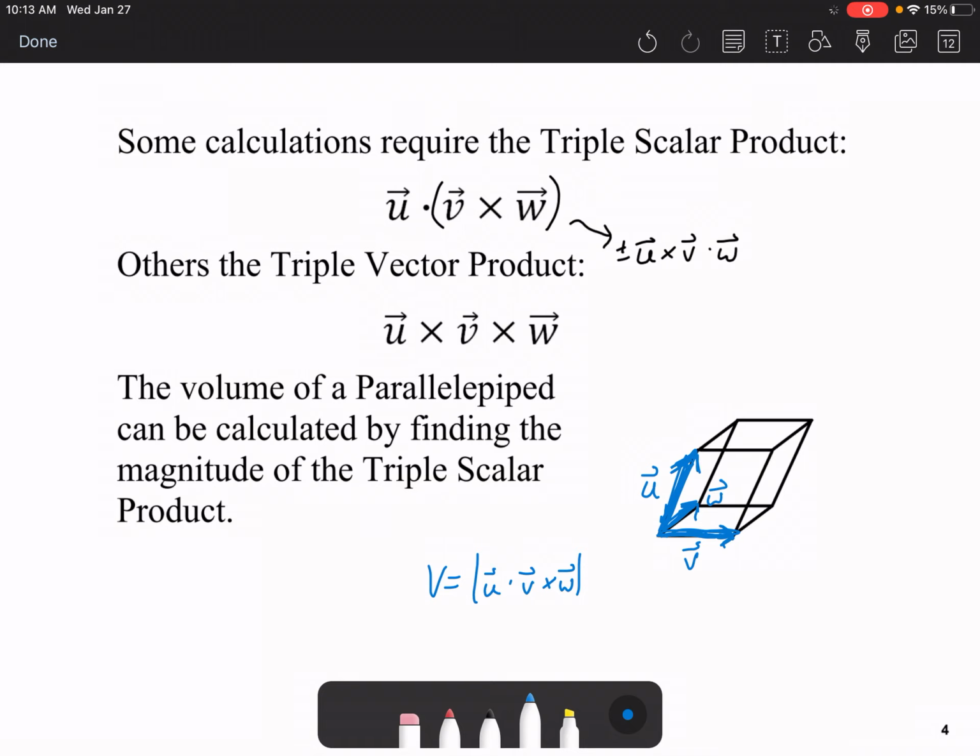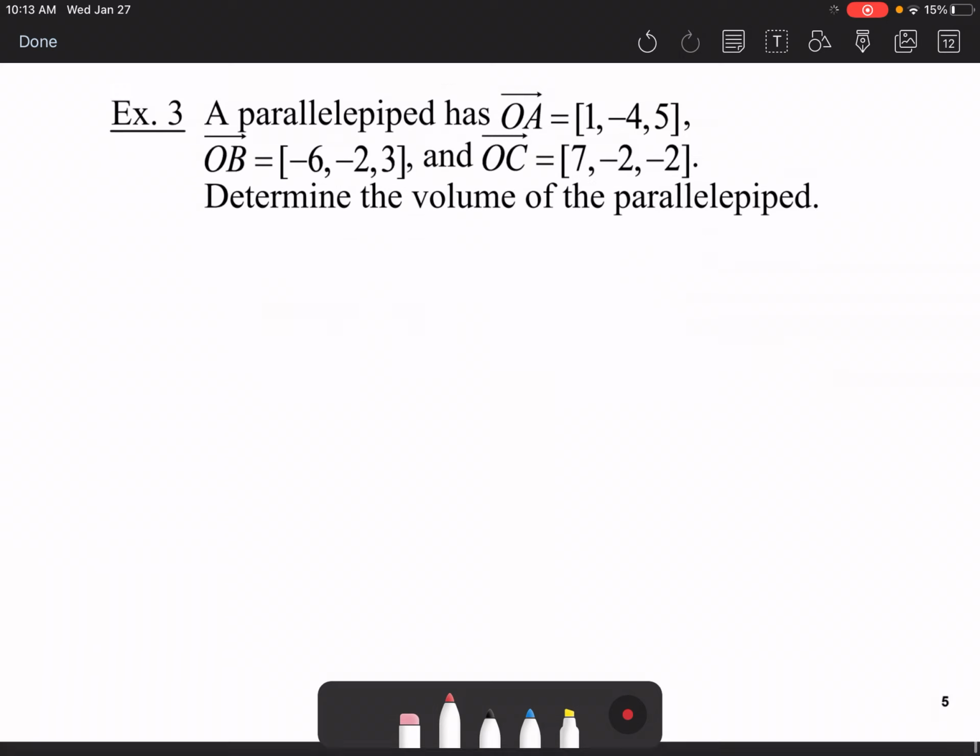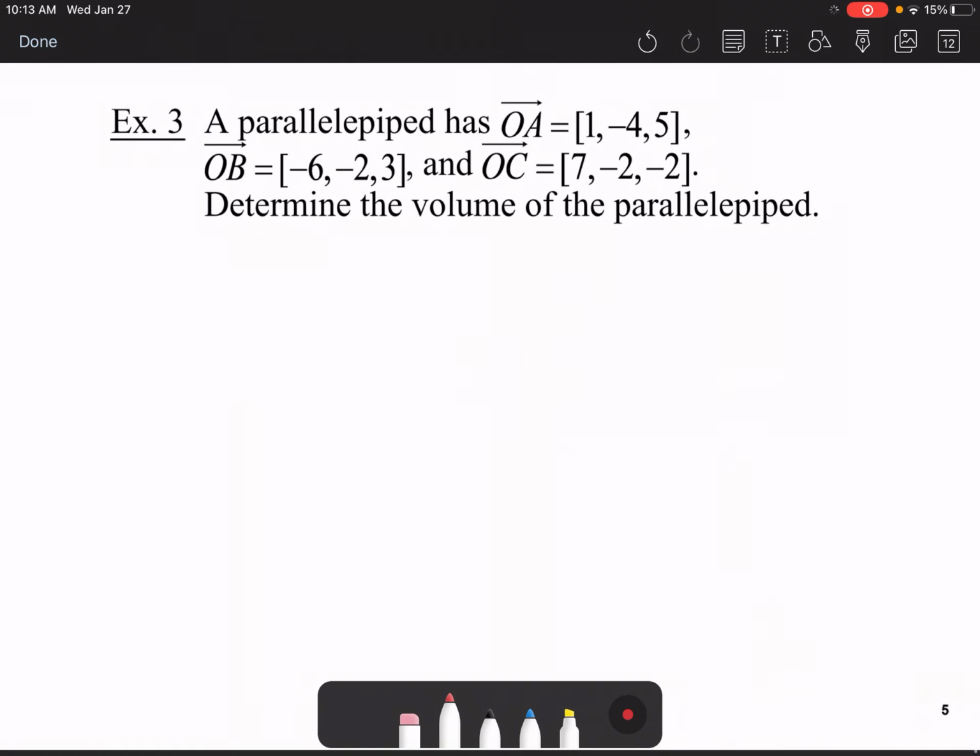If you just wanted to find the volume of a tetrahedron, which is partly this piece right here, the volume of a tetrahedron just turns out to be 1/6 that triple scalar product magnitude. Okay, so let's apply this to a given set of values.